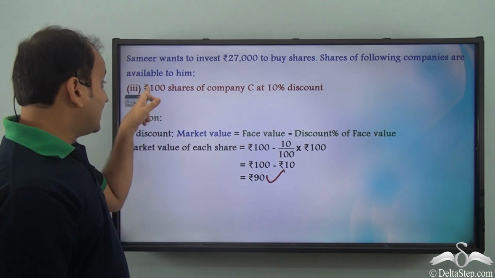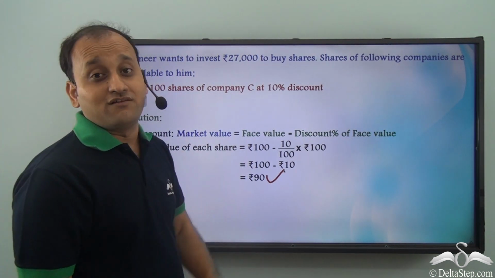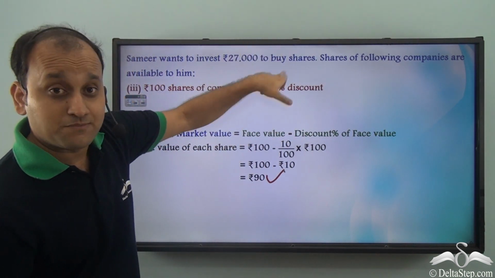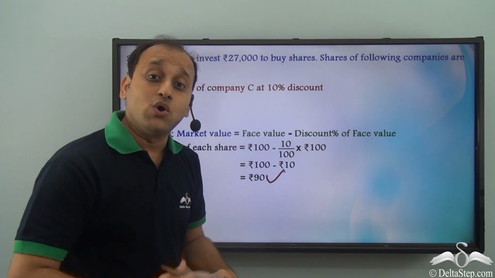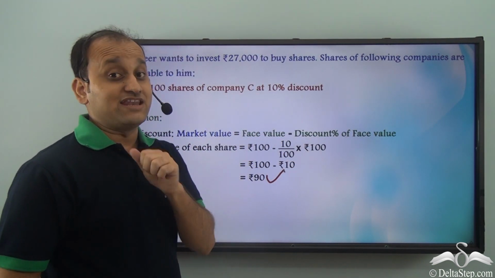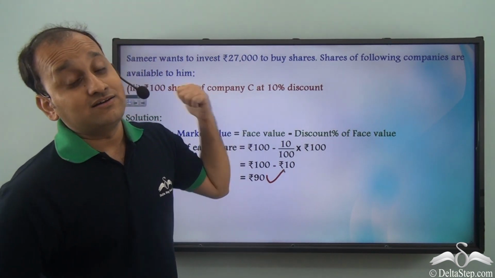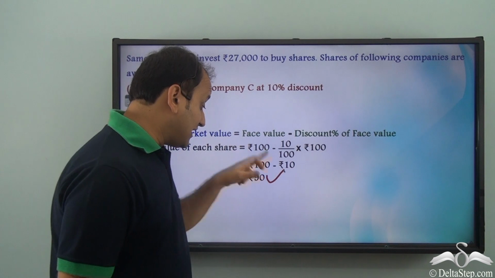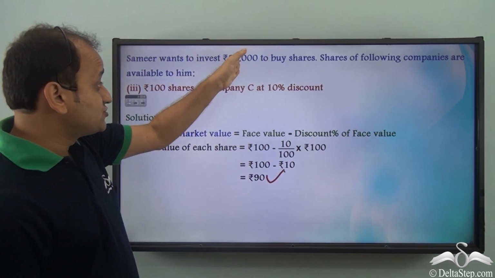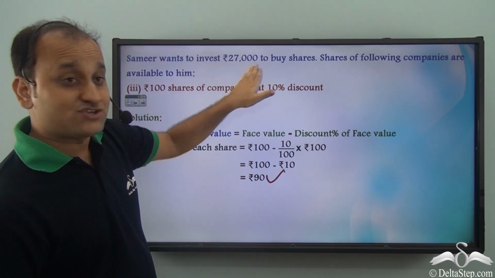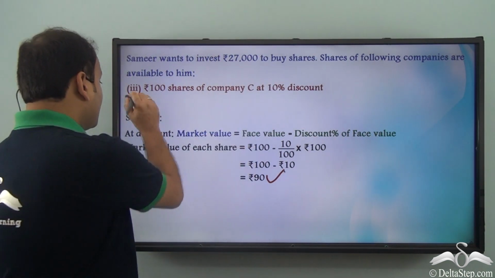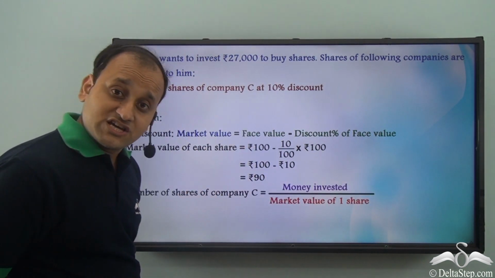As you can see, it is lower than the nominal value because you are getting the shares at 10% discount. Market value is lower, and you get to purchase the share at the market value, not at the nominal value. So market value is rupees 90. Amount to be invested is rupees 27,000. What will be the number of shares for company C?